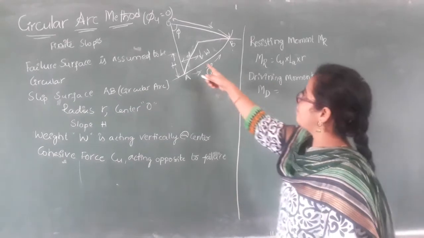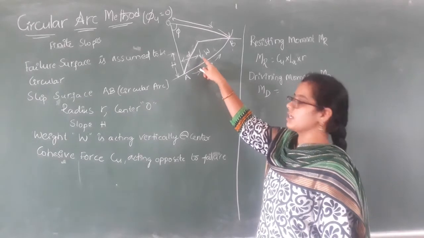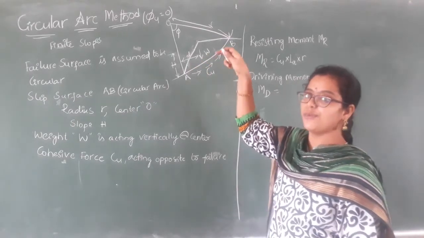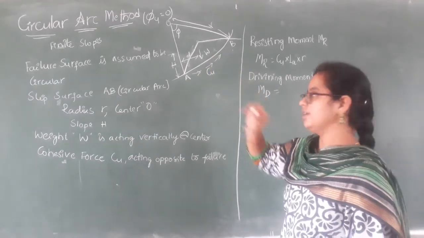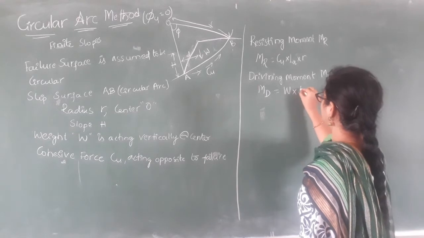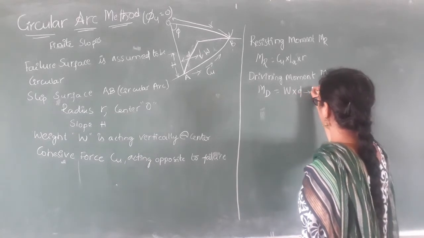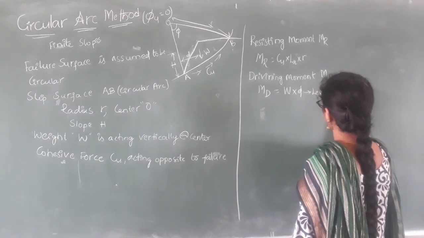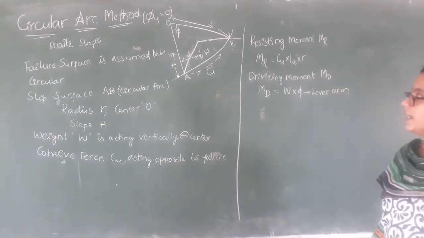We said weight, because of the weight the slope may fail. So weight is the causing force causing the failure. So it is W into d. What is d? Here it is the lever arm, or a perpendicular distance.